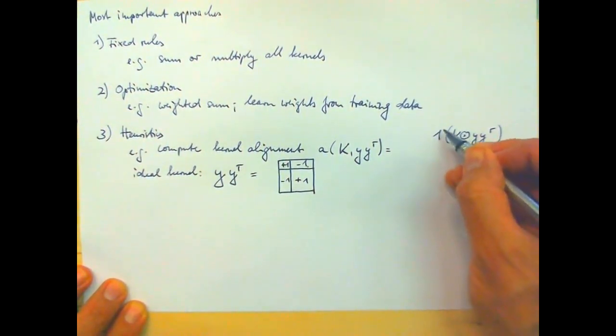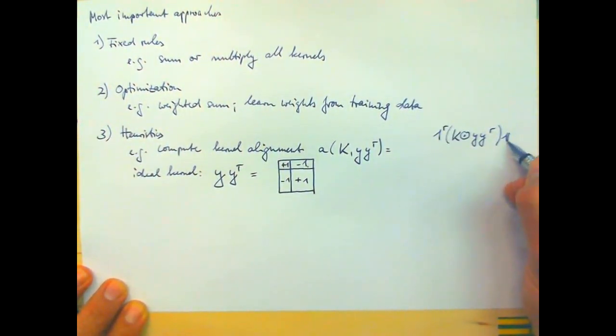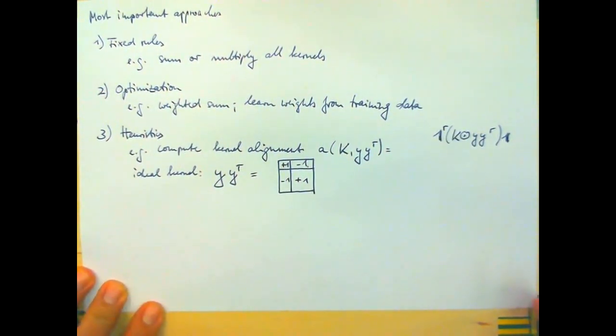So 1 here is a vector of all ones. And then you normalize as follows.